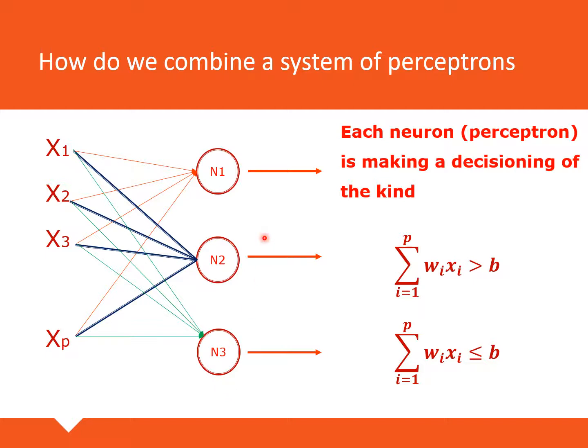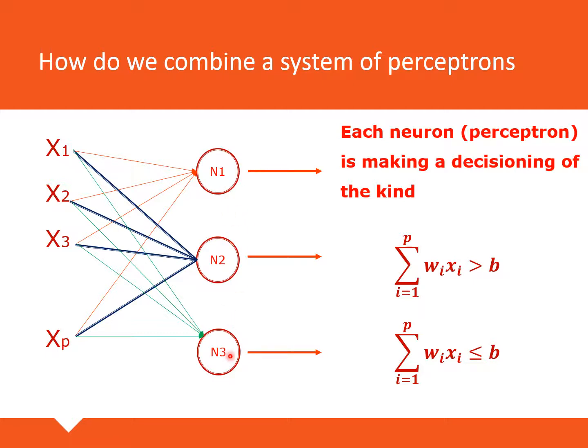So essentially, since we called them perceptrons at the beginning, let's go ahead and call them perceptrons here as well. So there are three perceptrons, and each perceptron is doing a decisioning of this form. And the point to be noted here is that the weights, which are the W's and the B's, are different for different perceptrons.